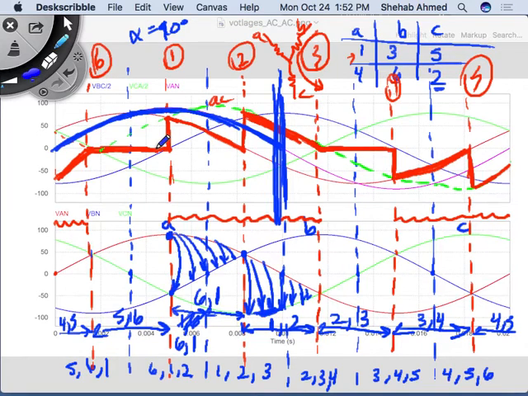Like in AC to DC conversion, what we were doing with alpha, the firing angle, was reducing my voltage. Here, I want to bring down the voltage from my all-diode case down to 0, because I would like to control the voltage applied across my load.